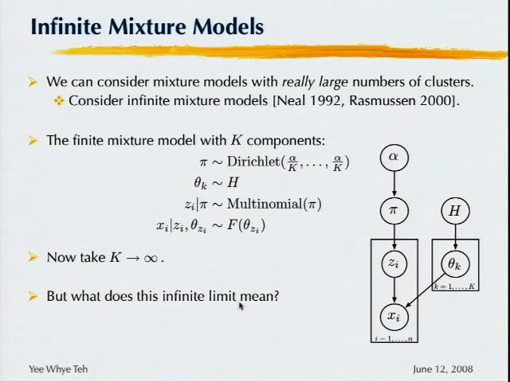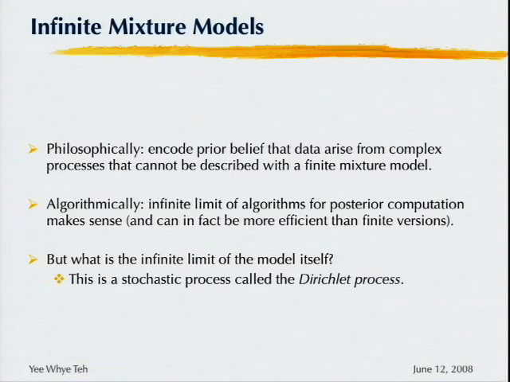So coming back to here, what does this infinite limit mean? There are a few ways of looking at what this infinite mixture model means. Philosophically, it encodes a prior belief that the data we see in the real world often comes from very complex processes that cannot be described by simple finite mixture models. A complex process requires a complex model.